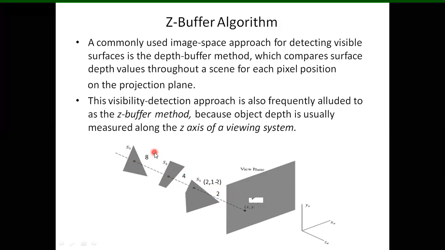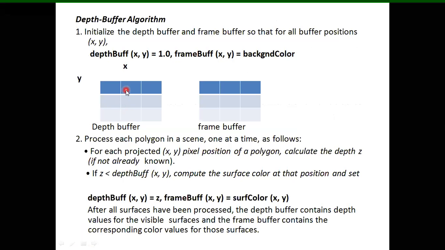For this, it is 2, 1 and Z value becomes 8. So I will go on comparing the Z values, and whichever Z value is less, that Z value I will be placing on my depth buffer.